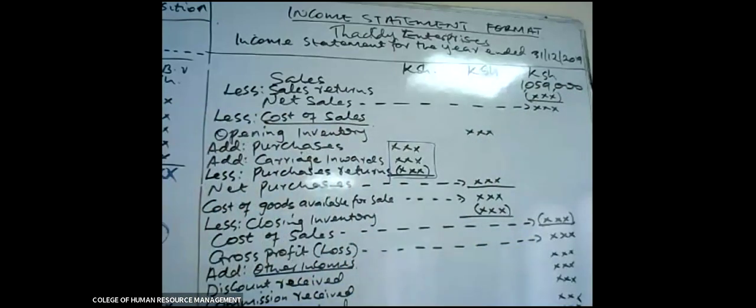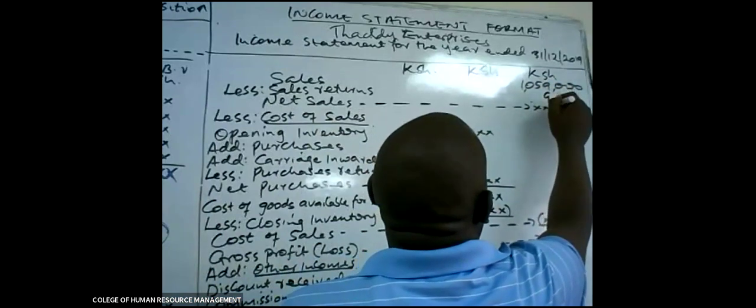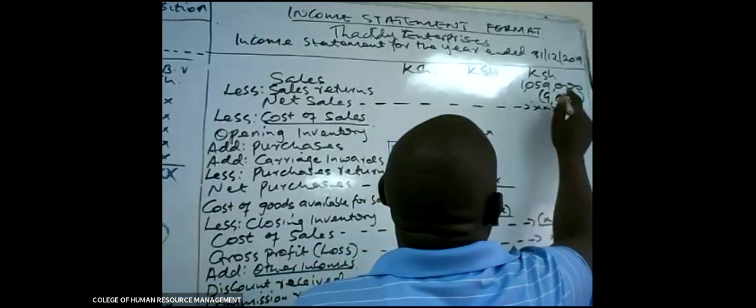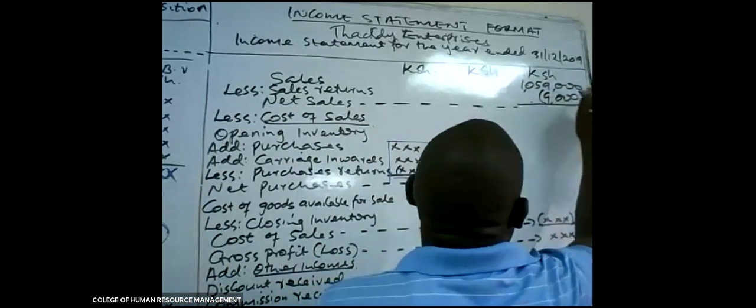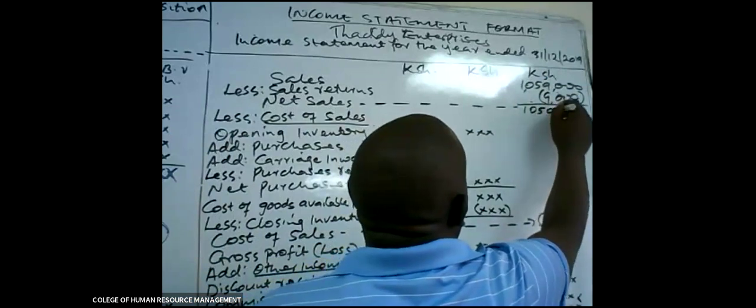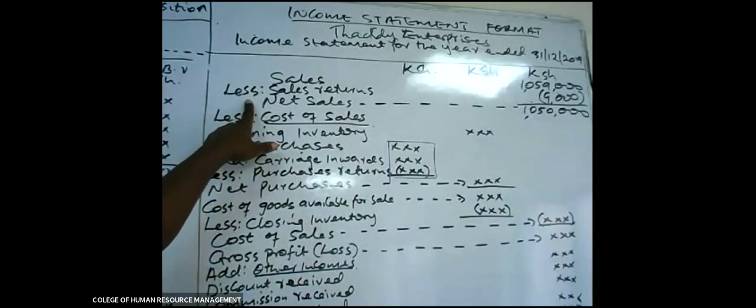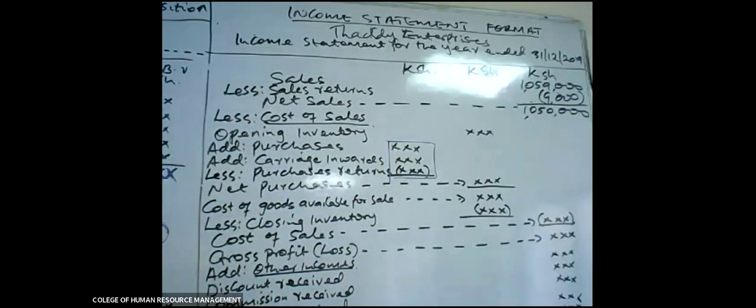Then ask yourself, do we have sales returns or return inwards? Yes, we have. Return inwards is the same as sales returns, and it is worth 9,000. So if you deduct 9,000 from this, you will get 1,050,000, and that will be your net sales.